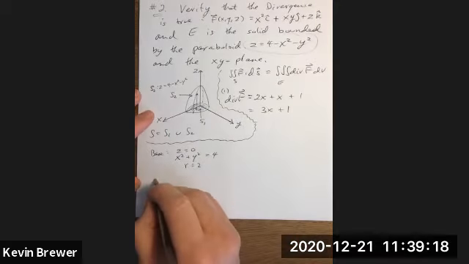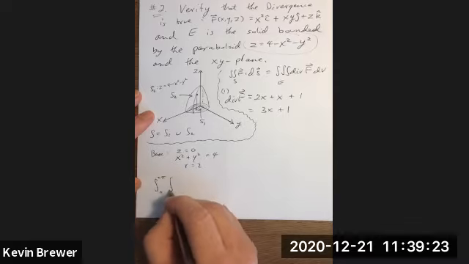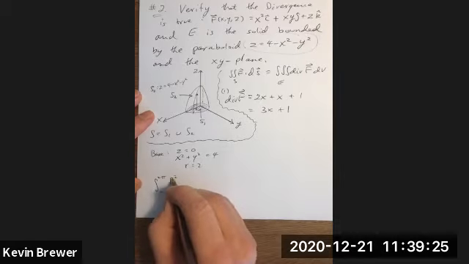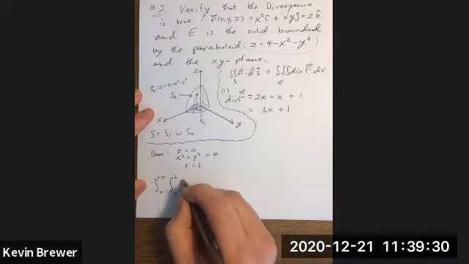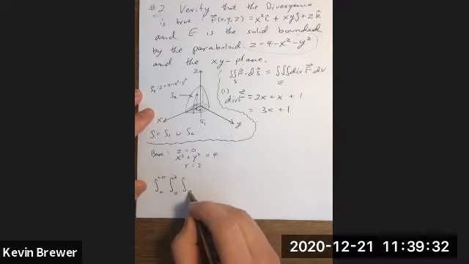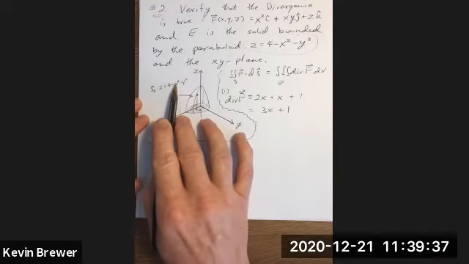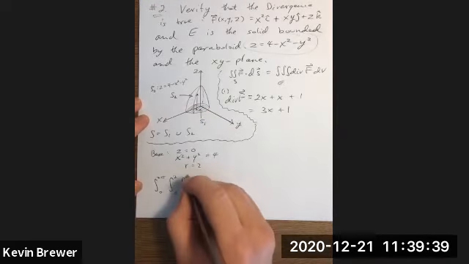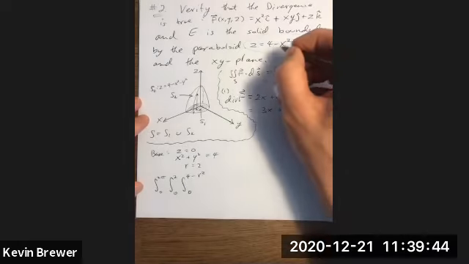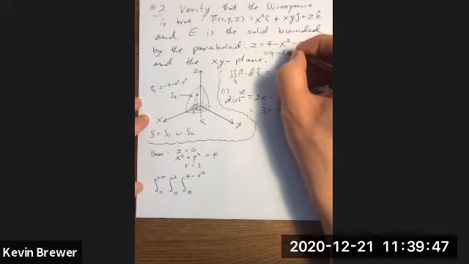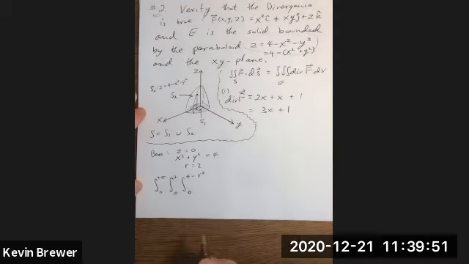So then cylindrical coordinates are theta goes 0 to 2 pi, r goes 0 to 2, z goes 0 up to 4 minus x squared minus y squared, but that's 4 minus r squared.